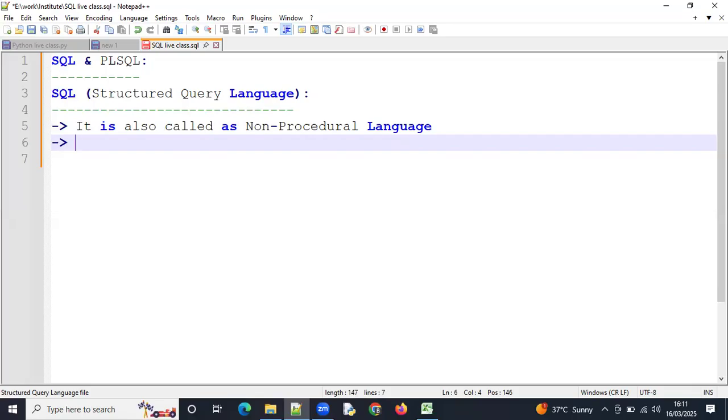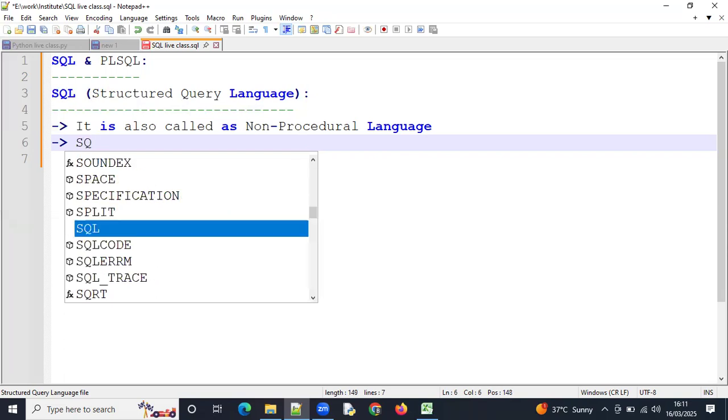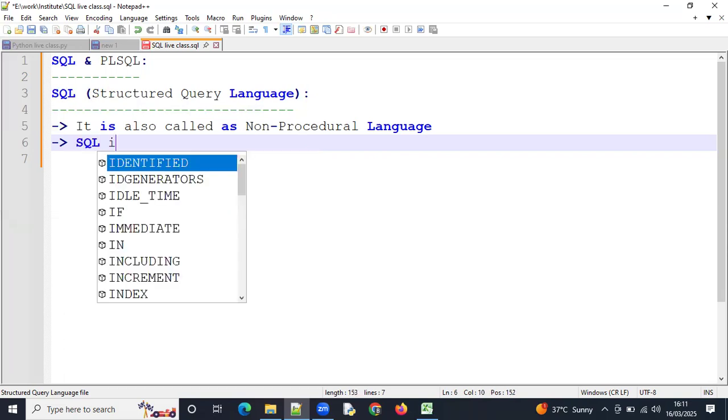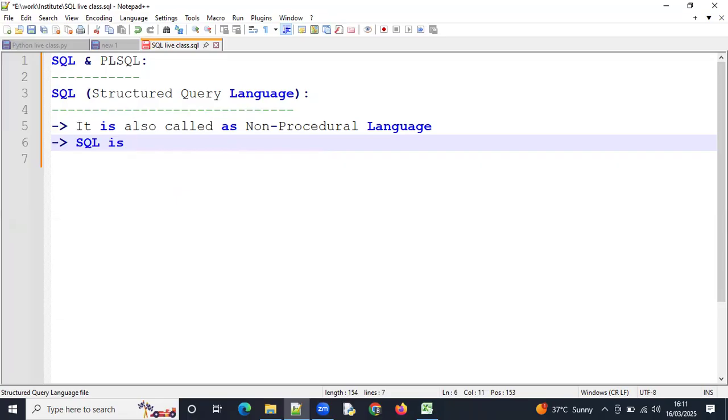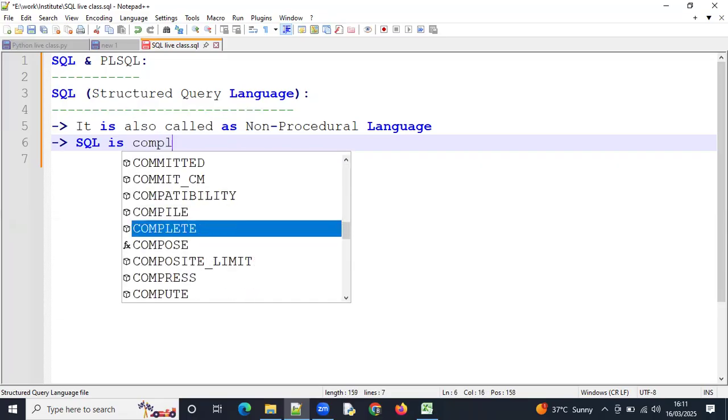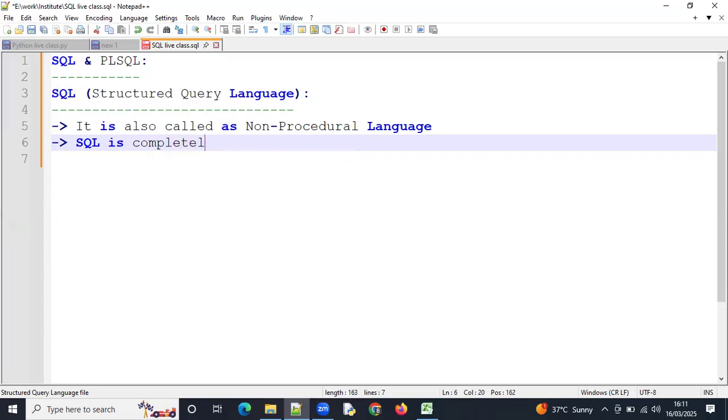So SQL is completely a query based language.